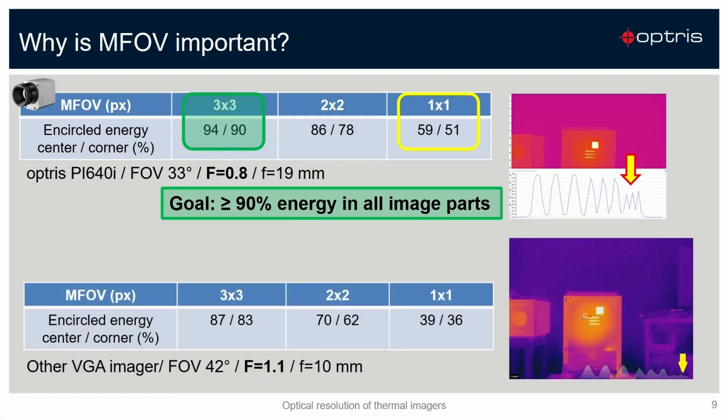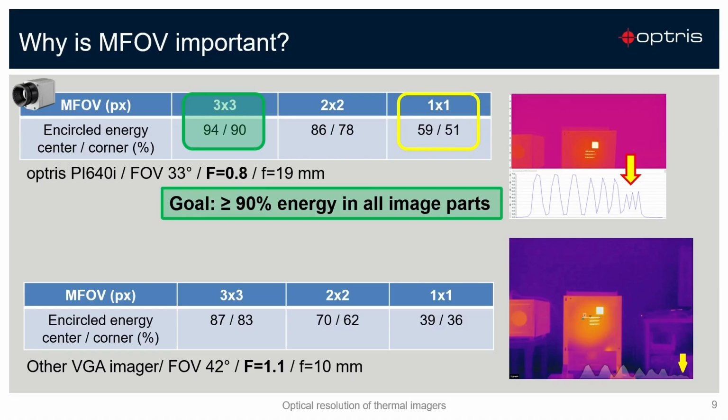We made here also a comparison with another VGA imager not produced by Optris. So it's a fair competition, I would say. It's also VGA 640 by 480 pixel. The field of view is similar. We have here 42-degree optics. And you see the F number is a bit higher. What does it mean?